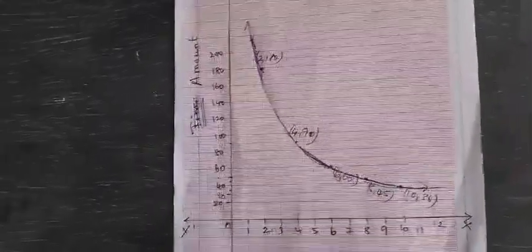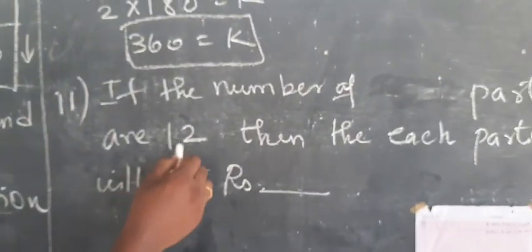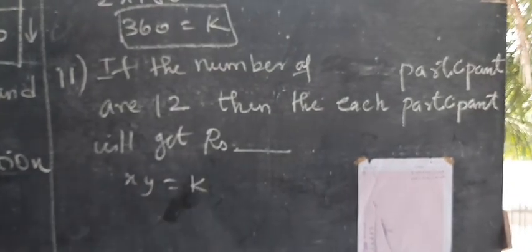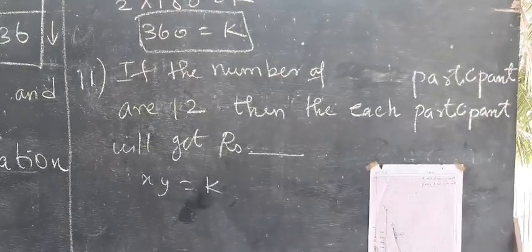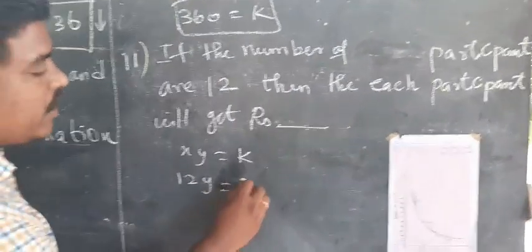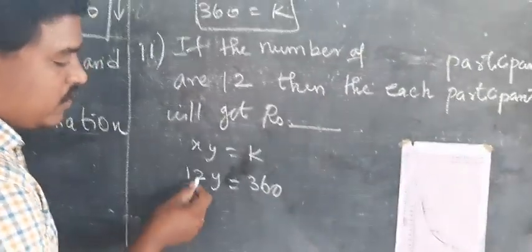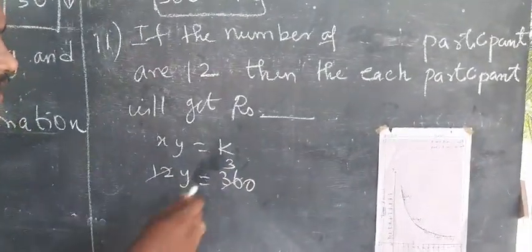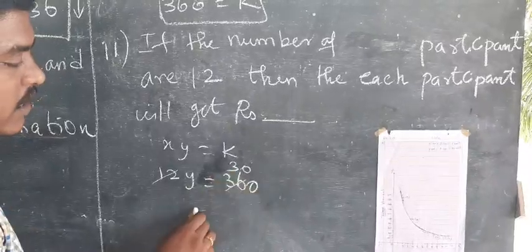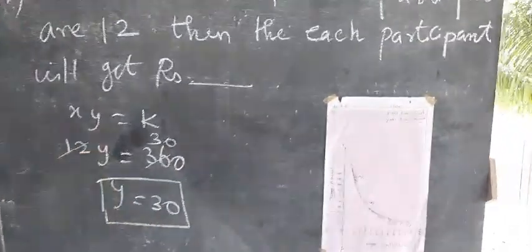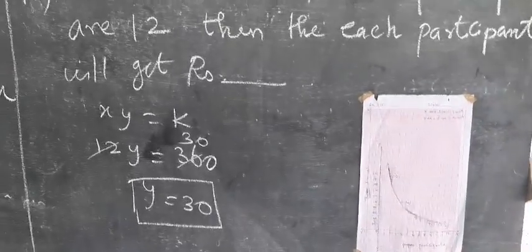So listen, the number of participants will be 12, so the formula is xy equal to k. The participants are x, so 12, y, k equal to 360, which we already found. So 12 y equal to 360, so y equal to 30. Straightly applying the formula, we get the result.